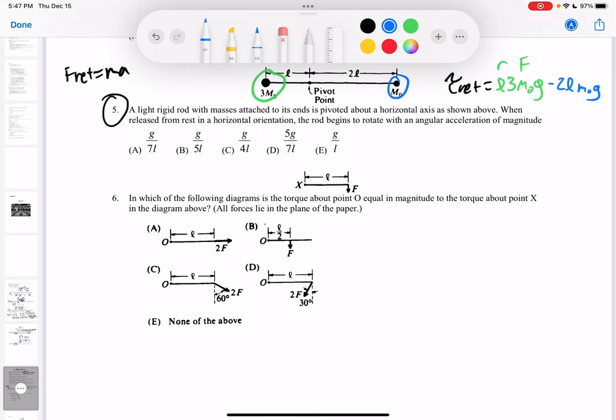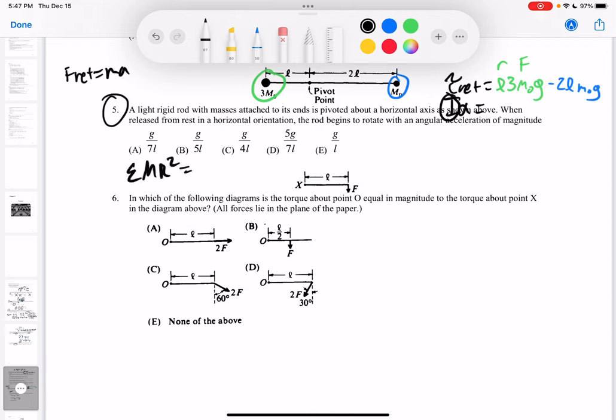So I have that, but then I also need to do my torque net, which is just I alpha, okay? But I actually haven't found I yet, my moment of inertia. So I need to go ahead and figure out what that is, okay? Remember, it's going to be the sum of my mr squared, okay?